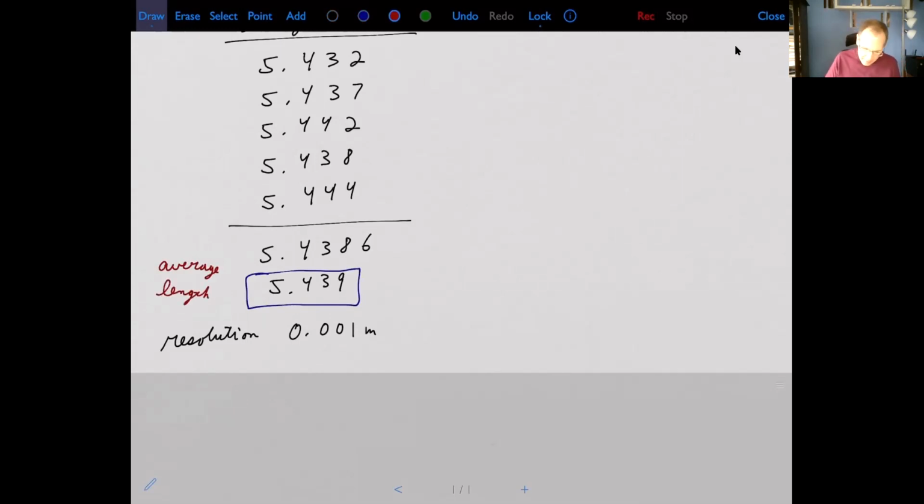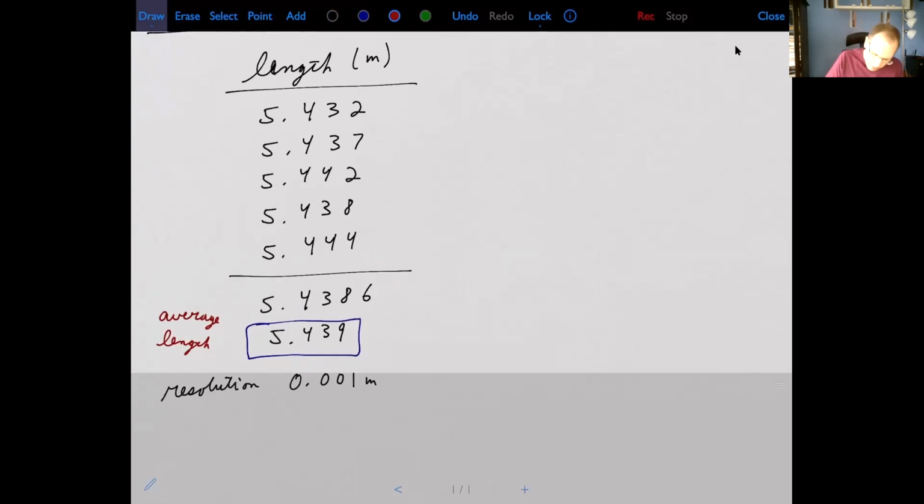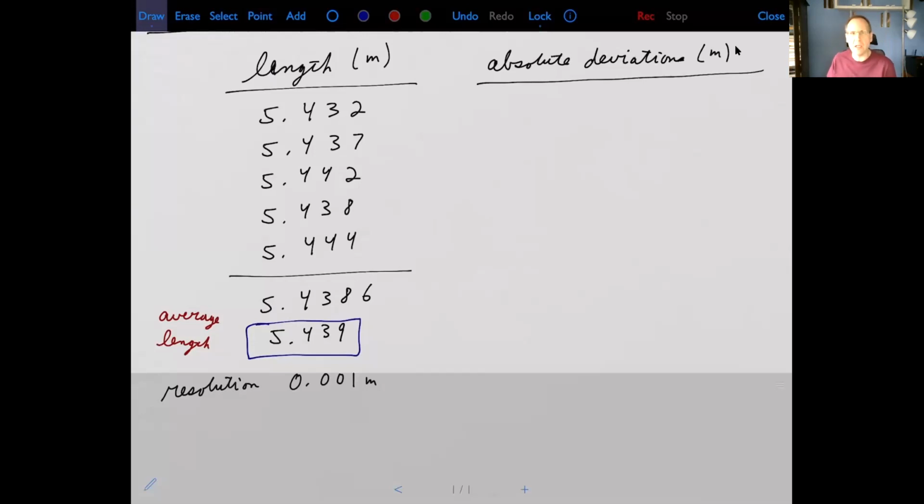Okay, then remember the next step was to form a second column of what's called the absolute deviations, also in meters in this case. And these represented how far each data value is away from your average, away from your mean. So the way that you would compute that mathematically is you would take each data value, so 5.432, subtract your average, 5.439, and then take the absolute value of that.